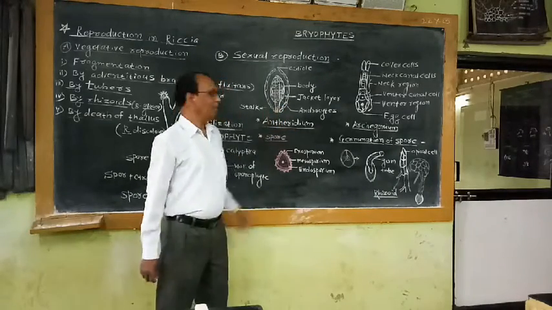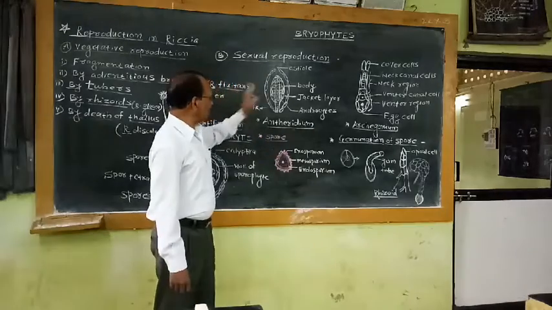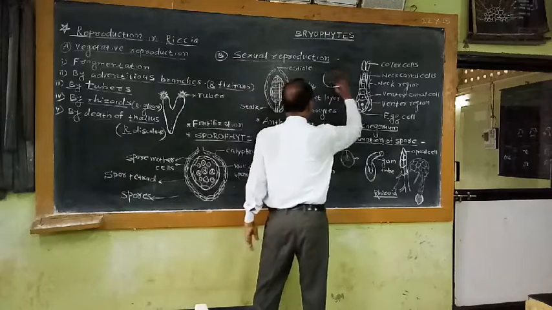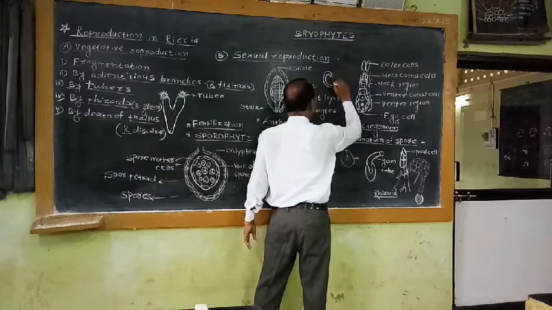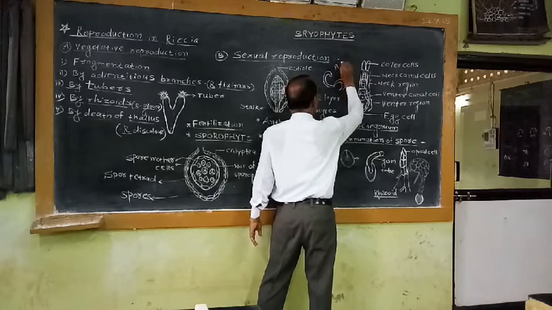Inside this jacket, many androcytes are there. These androcytes later on metamorphose into the actual male reproductive cells, which are commonly known as antherozoids.